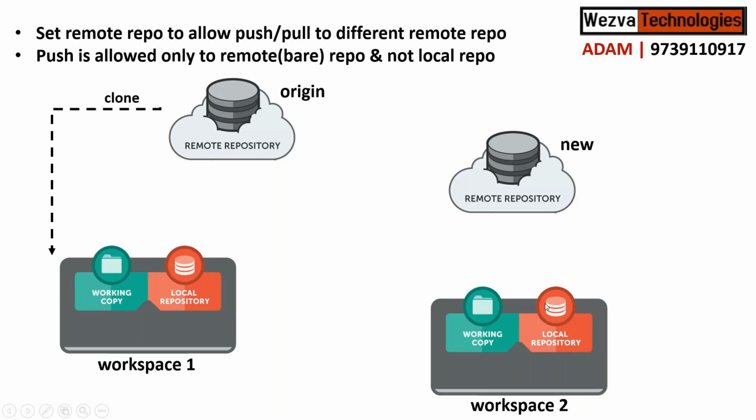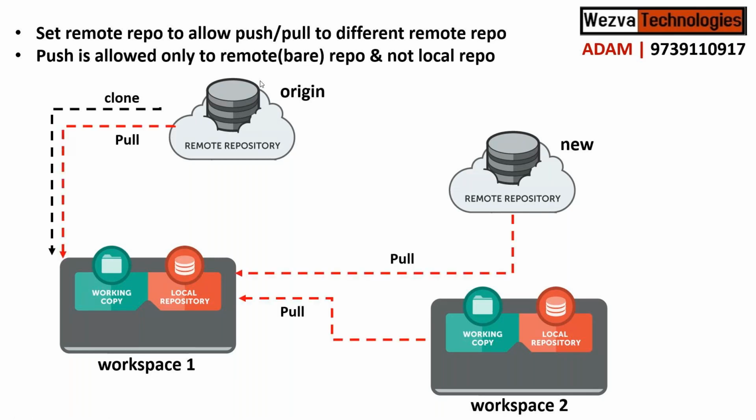However, if you want to share the content from your local repository to another local repository, then only pull is allowed. Push is not allowed. What I mean by that is, I can pull from the origin, or I can pull from another remote repository, or I can pull from another local repository. It is possible.